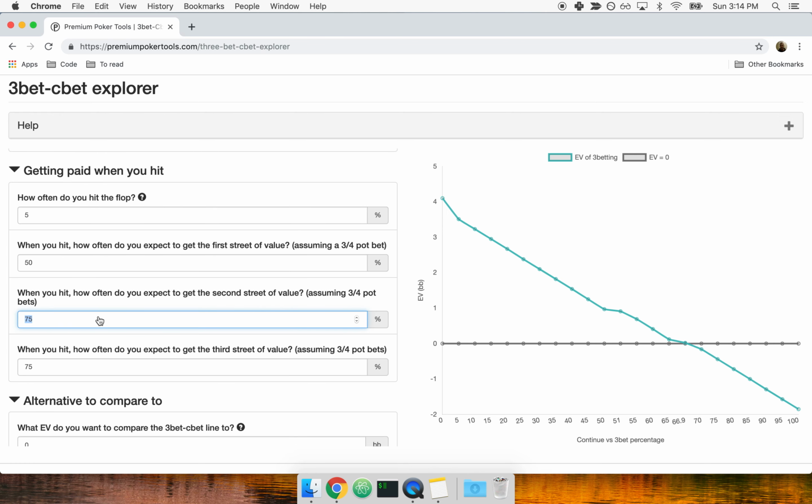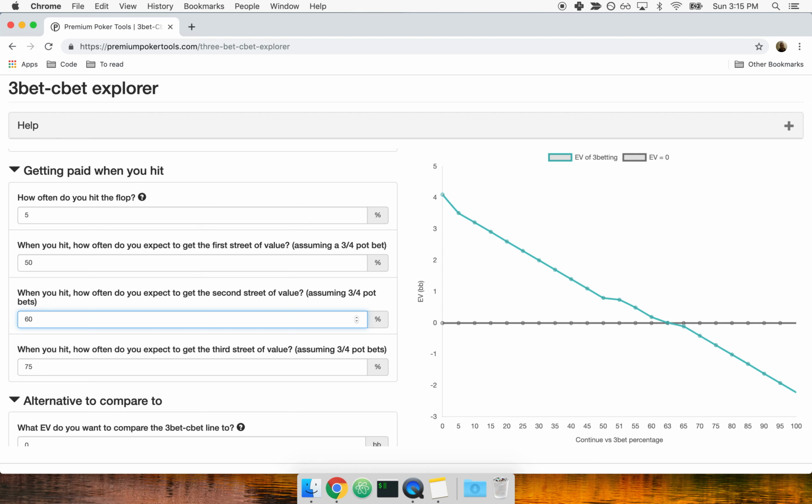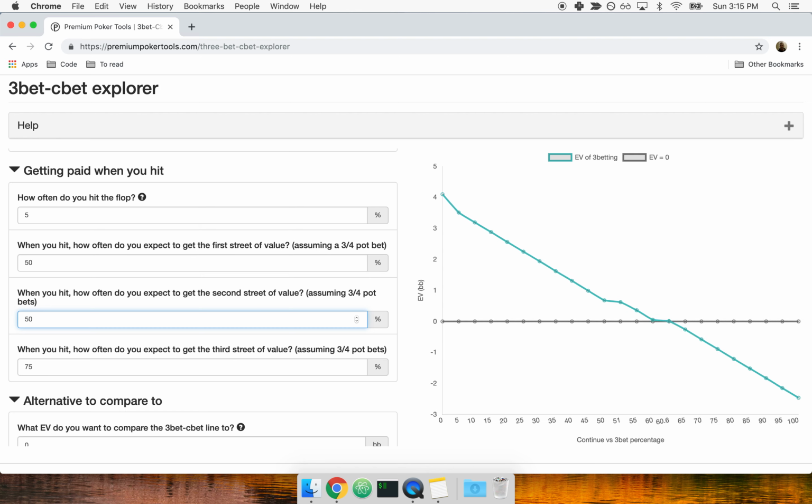Unless we're against a very specific type of opponent who calls the flop at a normal rate, but becomes more stationy on the turn and river. That's when this would start to have more of an effect. And like I said, it has some effect, but it's not too huge.